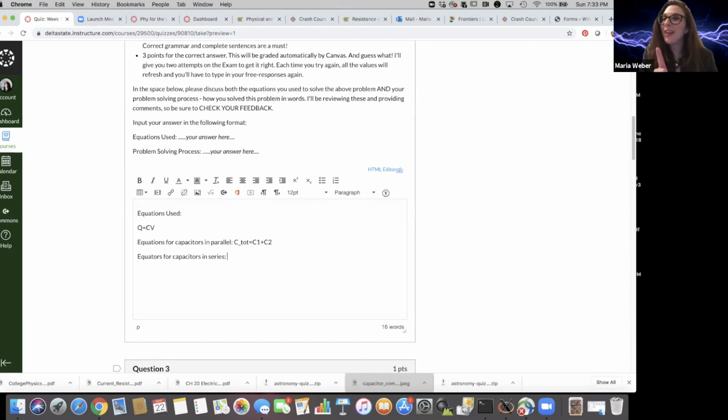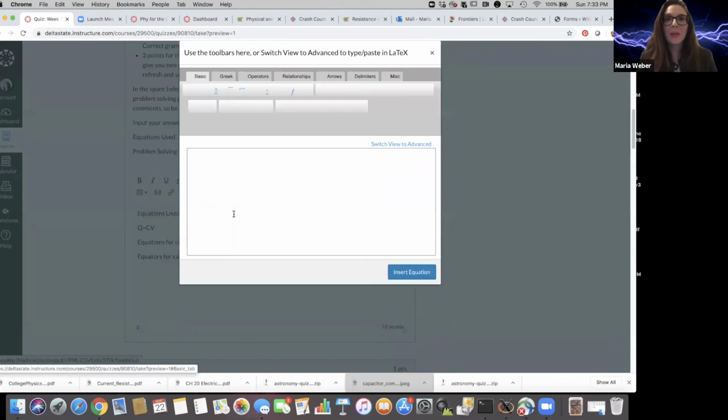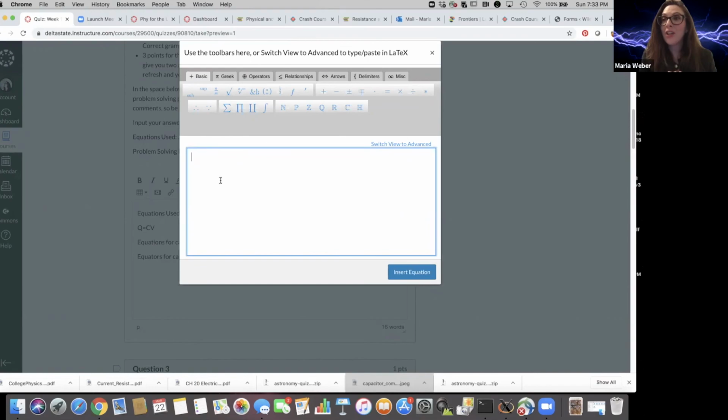Now, there's a really nifty thing here in Canvas if you haven't seen it before. See this little thing where it says insert math equation here? It has the square root and x. I'm going to click on that, okay? And it's going to bring up this new window. Okay, and I'm going to input an equation here for our equivalent capacitance for capacitors in series. This button here, N over M, gives me a fraction.